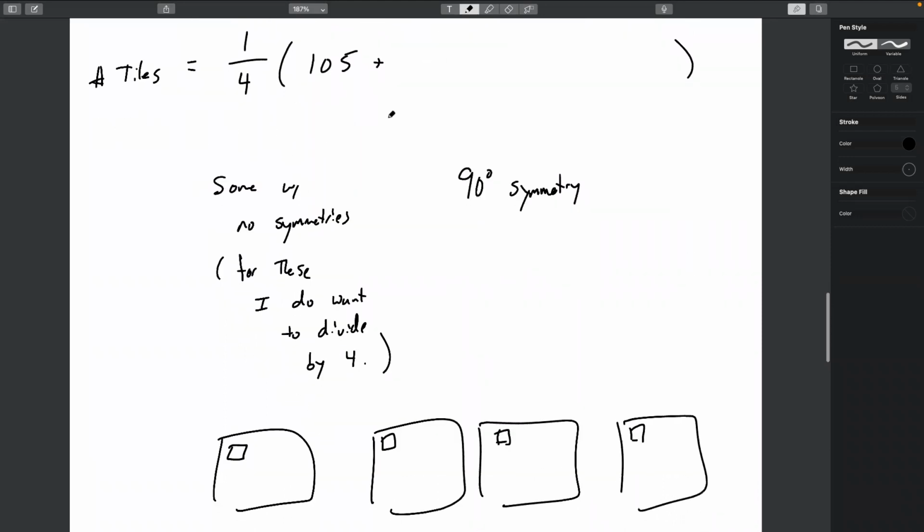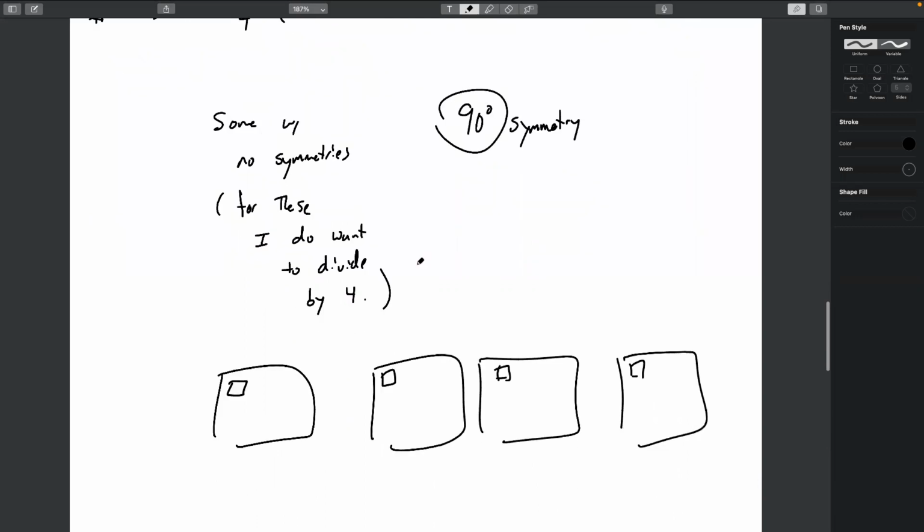is, if I come across one that has a 90-degree symmetry, so I've got this one tile, it's got a 90-degree symmetry. Well, I don't have 4 of them to put 1 in each bin. I only have 1 of them. So to get an accurate count in each bin, I'm going to have to duplicate this thing.